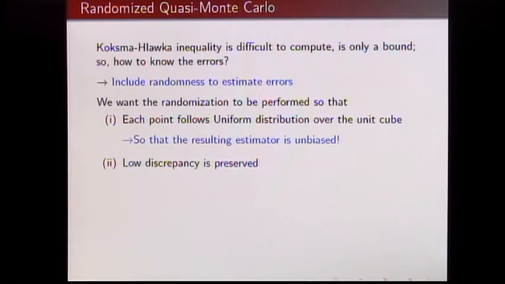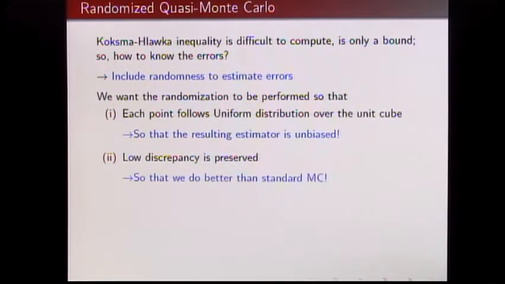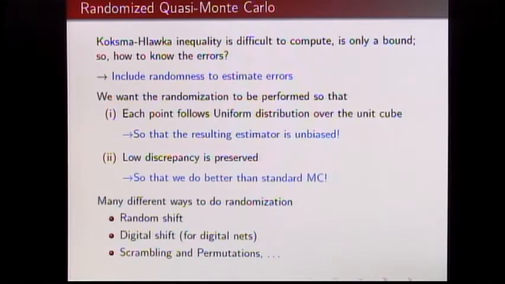Why would I do the QMC and then randomize it? It has to be better than the standard Monte Carlo, so that we get better estimators. So if you can have these two properties, go ahead, use randomized quasi-Monte Carlo. As I said, there are many different ways. I'm not going to get into details of this. As I said, it can depend on your type of QMC.